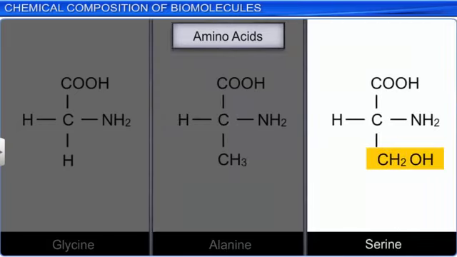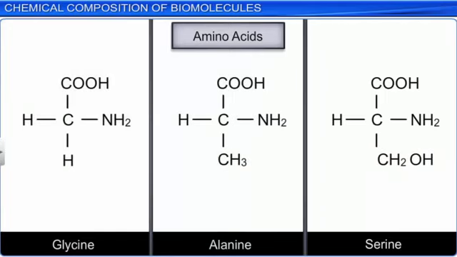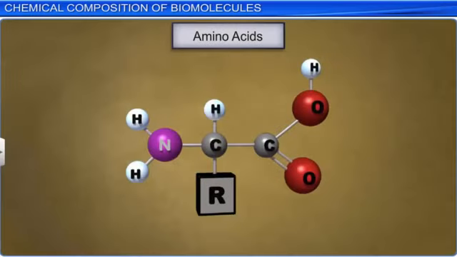The chemical and physical properties of amino acids are essentially of the amino, carboxyl, and the R functional groups.